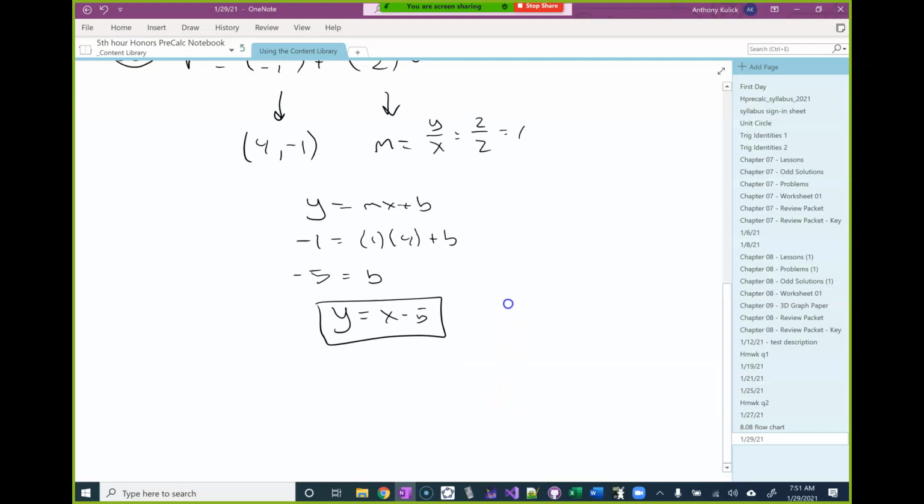So 57 says, determine whether the given point lies on the line. And the tricky part for this is probably that they gave us the, what's this called?